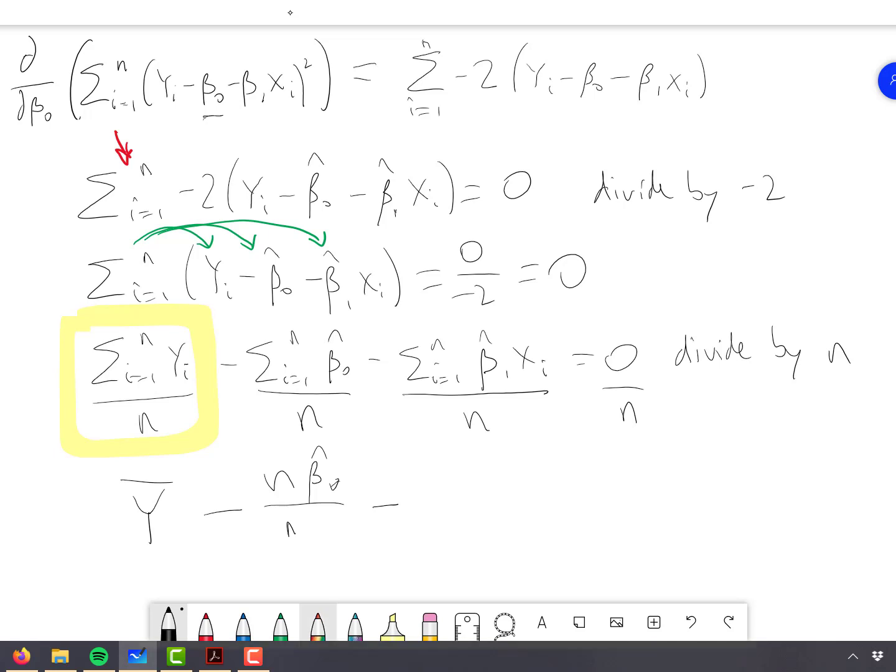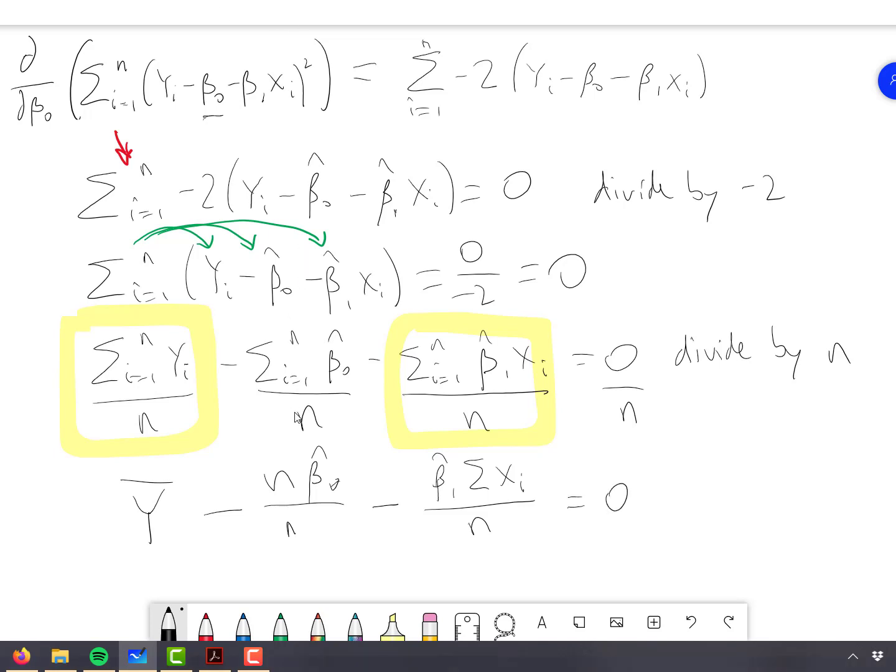This next term over here with our beta 1 hat xi is a little trickier, but we can break it down as well. Because our beta 1 hat is a constant, we can start by just factoring that out here of our sum of beta 1 hat xi, and we can just have the sum of the xi's over n, all equal to 0.